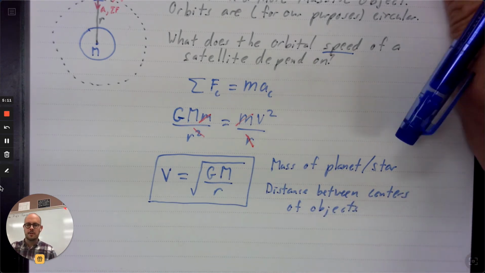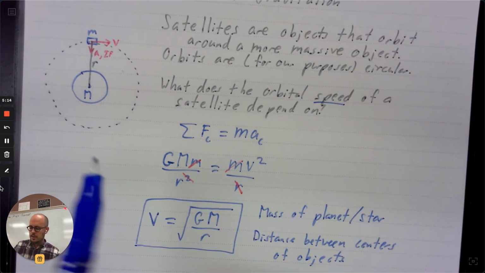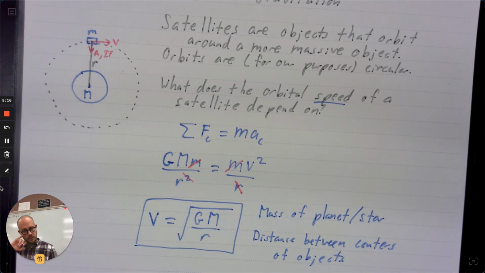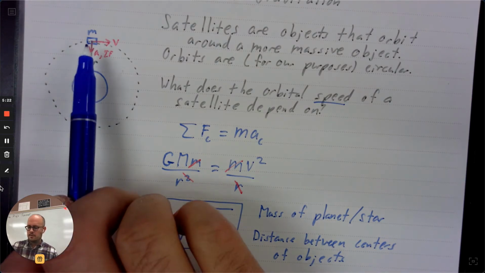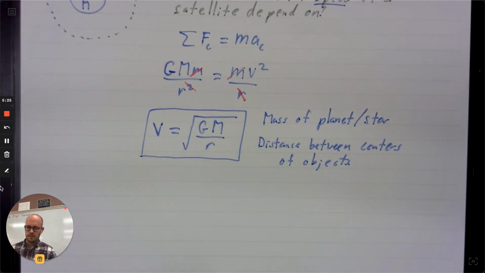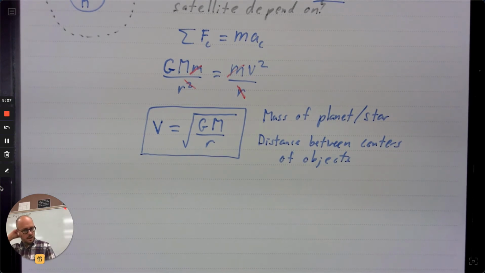Just remember that when we think about gravity, it's the distance between the centers of objects. We only consider things that are perfect spheres. So it is literally the center of mass of the Earth to the center of mass of the satellite. Again, we'll talk about center of mass later, but there it is.